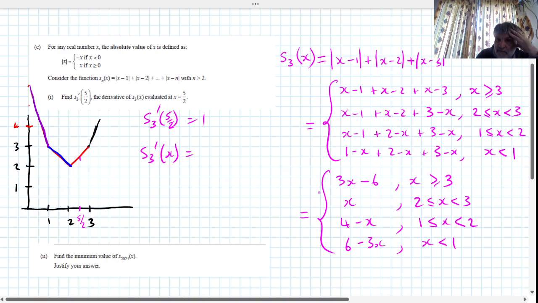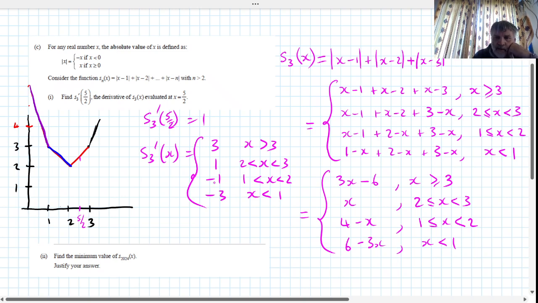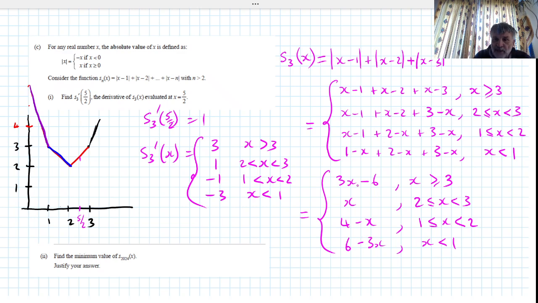It's going to be 3 when x is bigger than 3. It's going to be 1 between 2 and 3. It's going to be negative 1 between 1 and 2, and it's going to be negative 3 when x is less than 1. You don't need all that, but we're just differentiating piece by piece.